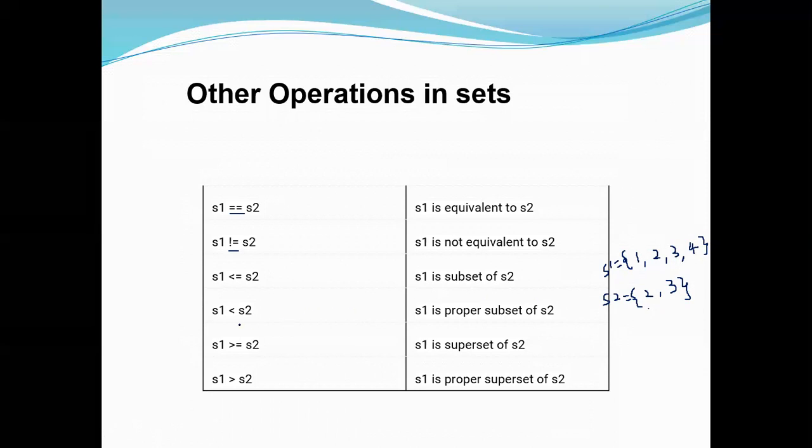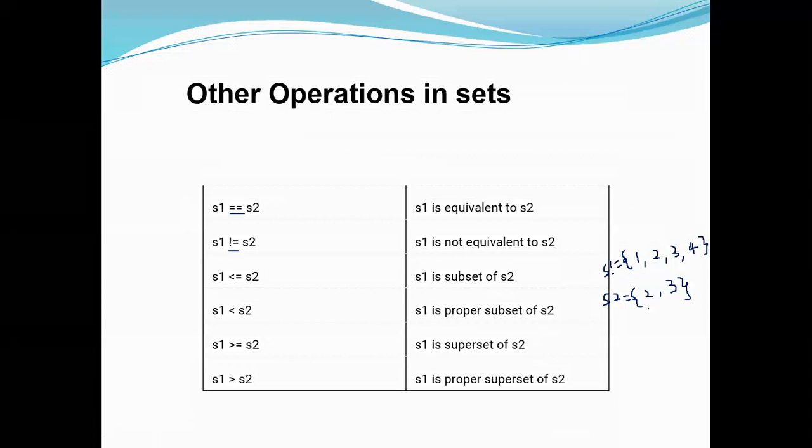Next, S1 less than S2. What is S1 less than S2? It is a proper subset of S2. Proper subset in the sense it includes some of the elements of S2, not all the elements. That is the proper subset. Similarly, if S2 is a subset of S1, then I can say S1 is the superset of S2.